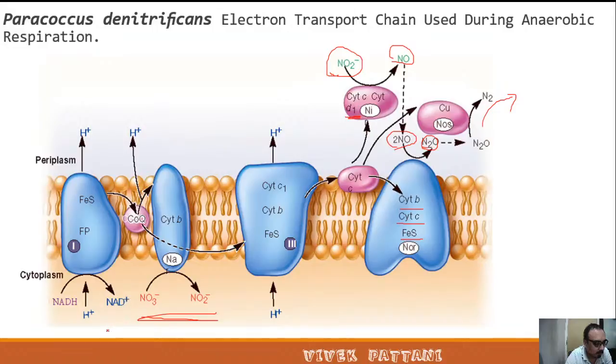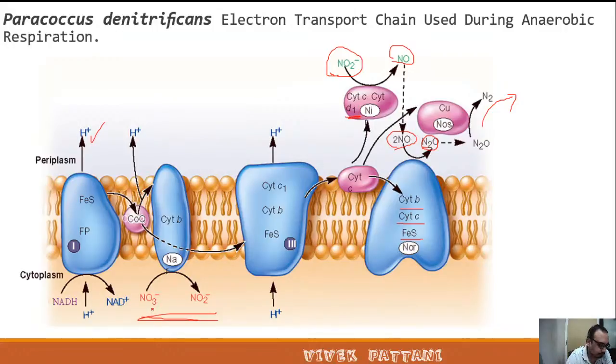NADH will be converted into NAD and passed on to the first complex, and the hydrogens will be pumped into the periplasm. These electrons will further move through coenzyme Q to cytochrome b and to the cytochrome c1 Fe-S complex.